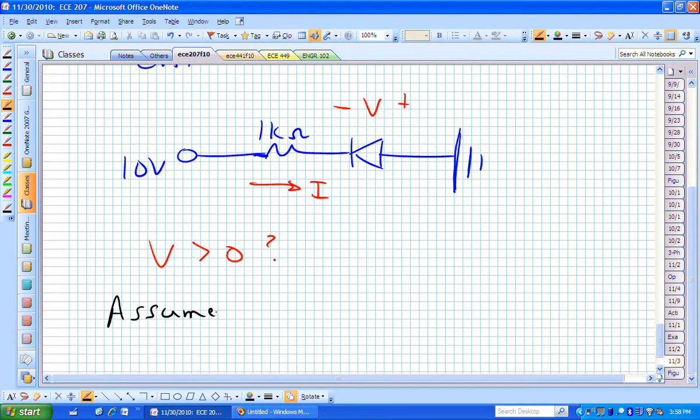I think most of you said, I'm going to assume that's not going to conduct, so the diode would be off. Let's assume the diode is off. If the diode is off, what does that tell us about the current I? It's not going to happen, is it? The current in that direction is not going to happen if that diode is off.